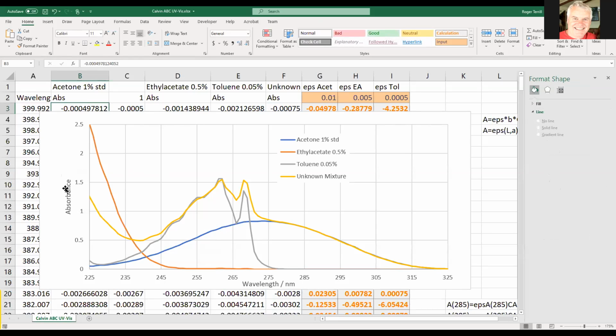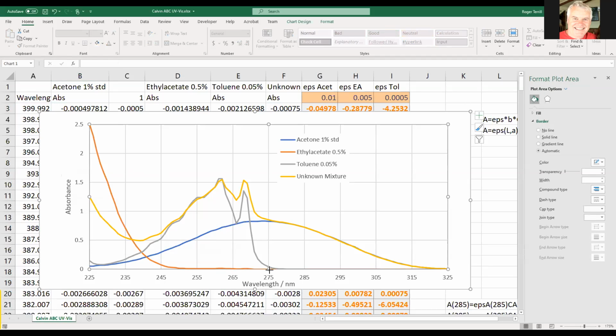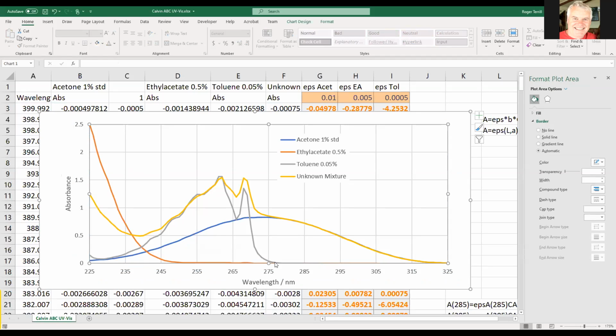On the y-axis here, we have absorbance, right? On the x-axis, we have wavelength. And you can see that these mixtures are acetone in a transparent solvent here.